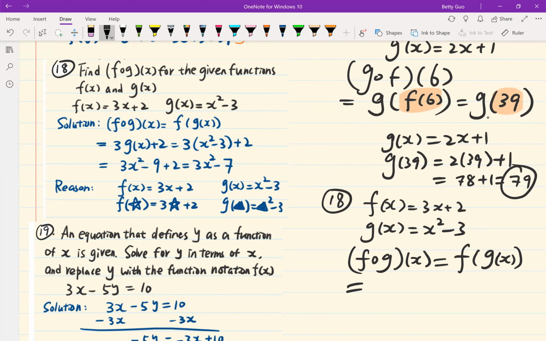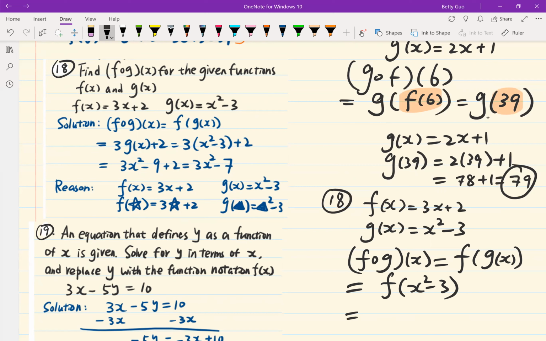We can start from the inside first. G of x is x squared minus 3. So we replace g of x with x squared minus 3. So we are done with function g.